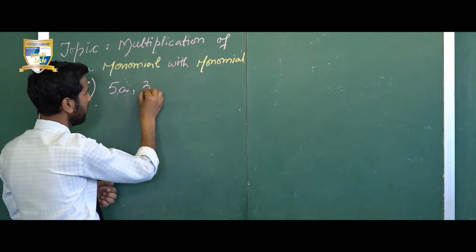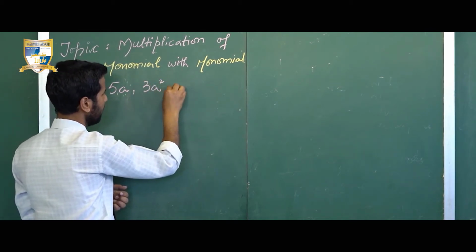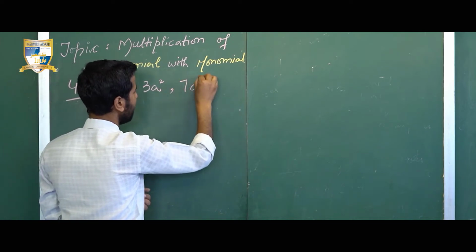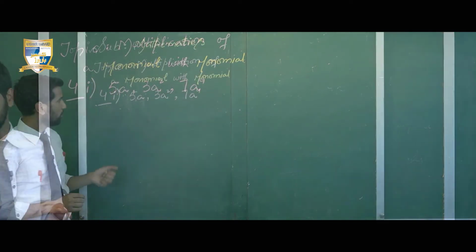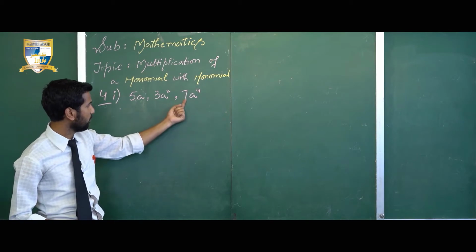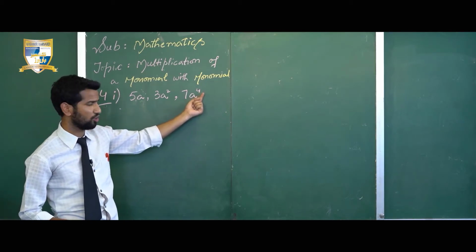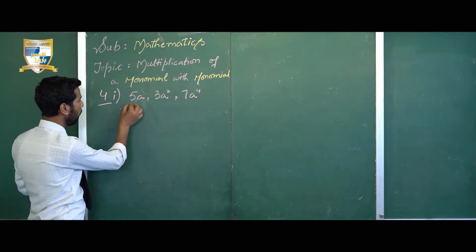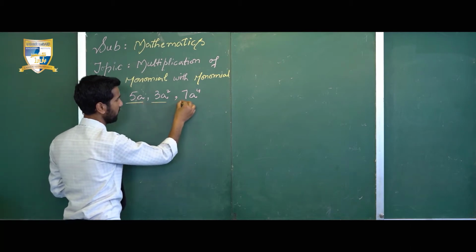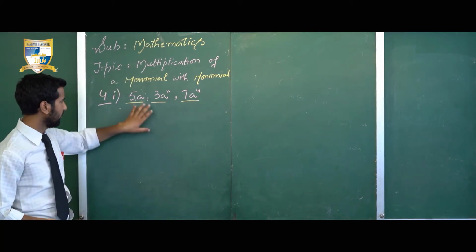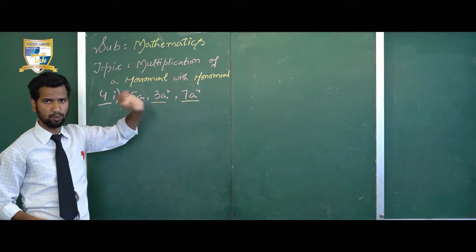The second monomial is 3a square, and the third monomial is 7a raised to power 4. So we have three monomials: first, second and third.